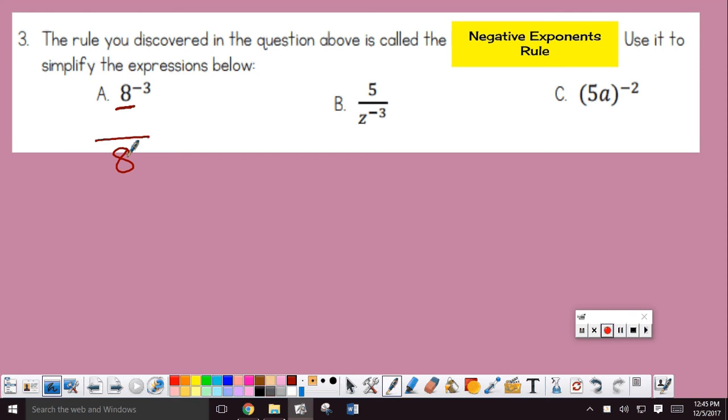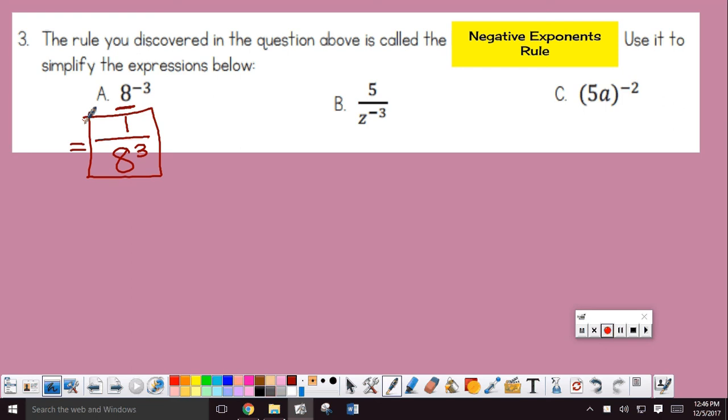It becomes positive 3, and then we're still left with the 1 on top. 1 over 8 to the third power. Now, did we change the value of 8 to the negative third power? No, we did not change the value. Did we change the way it looked? Definitely yes.